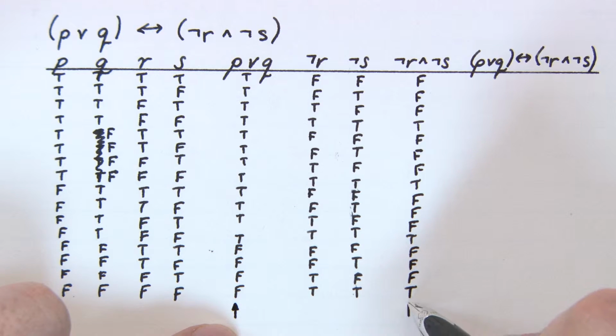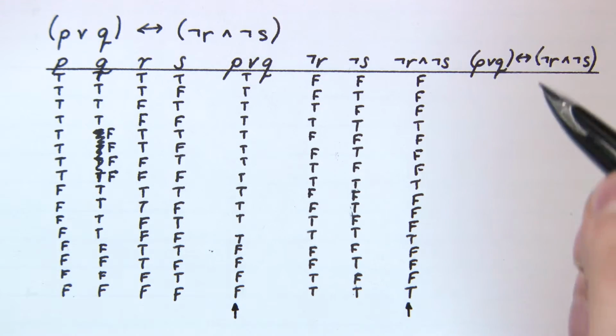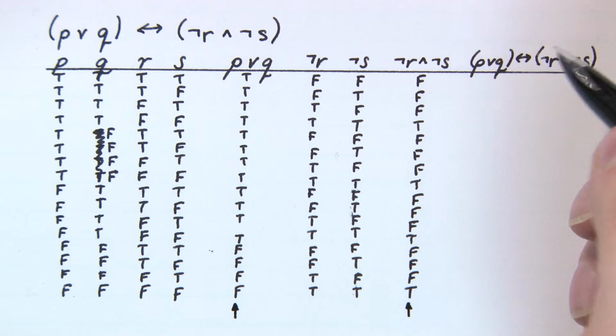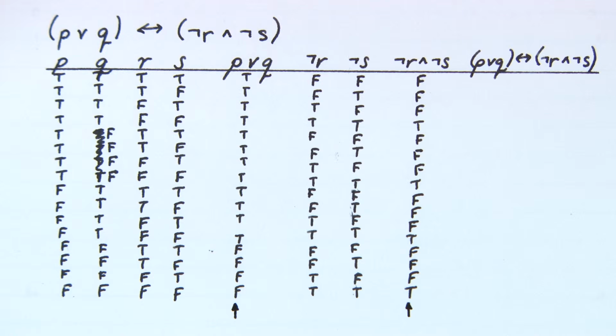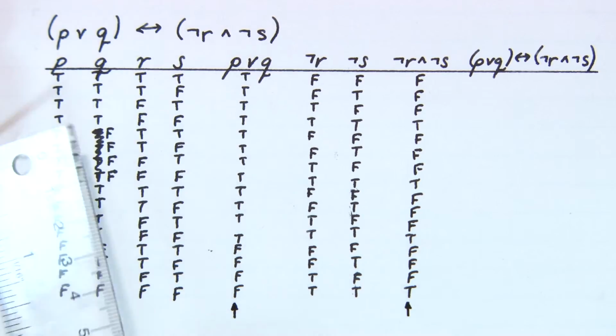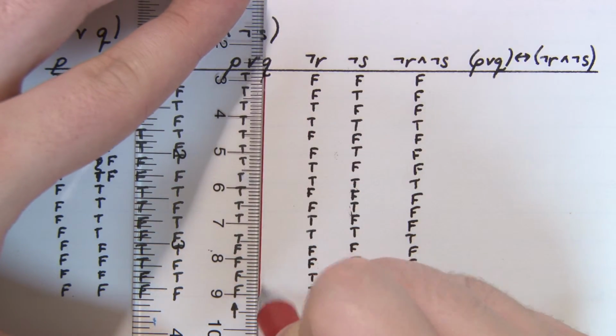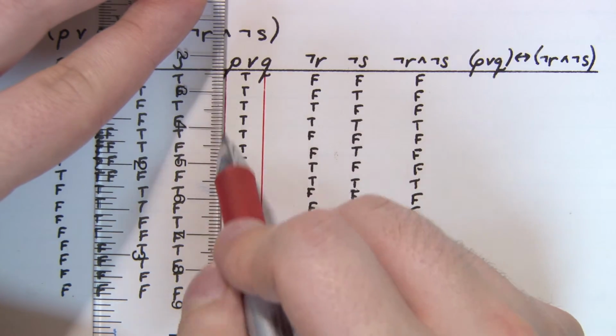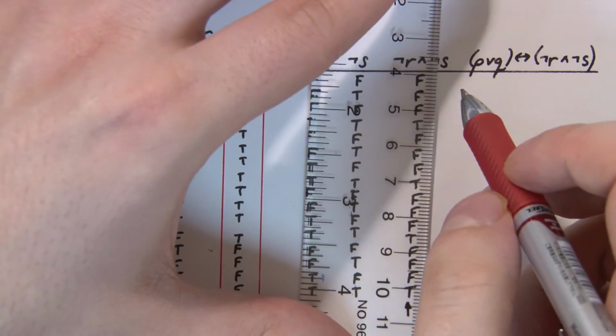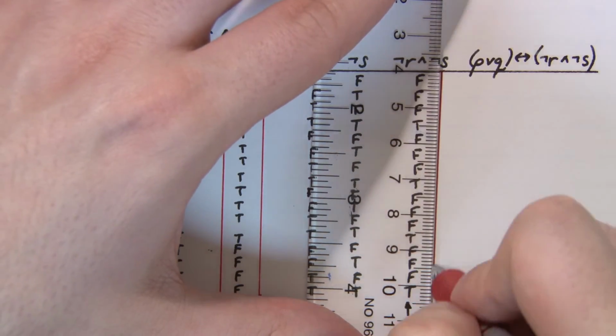Okay, so now I need to take this column here and this column here. What I need to do is check to see if both of them match. So I need to look down this column here. I need to look down this column here.